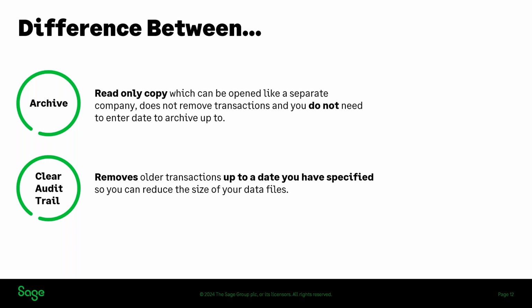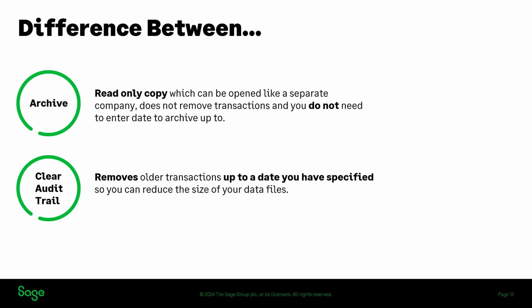Now, let's compare the archive to the Clear Audit Trail, because I think this is the biggest confusion between these two. I won't go through the archive again, but we'll cover the Clear Audit Trail. The Clear Audit Trail process is a process to remove all the transactions to reduce the size of your data, and to keep things tidier and more organized.